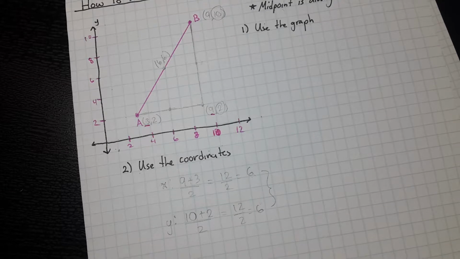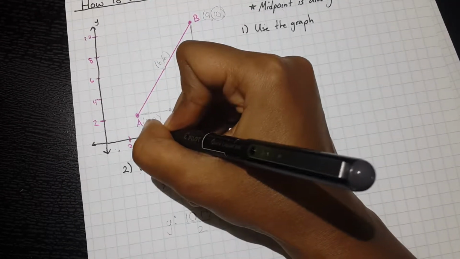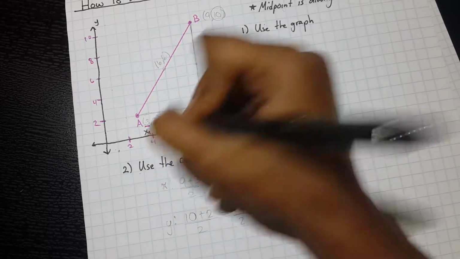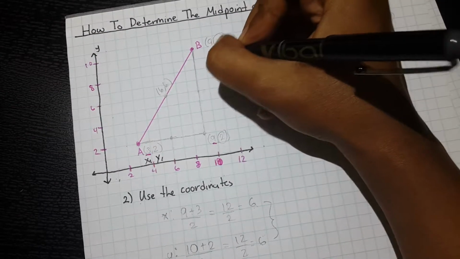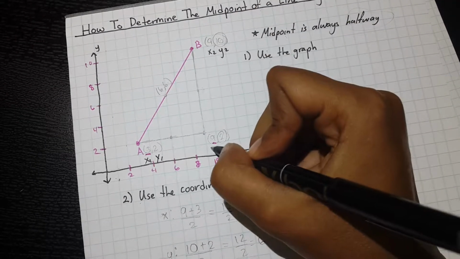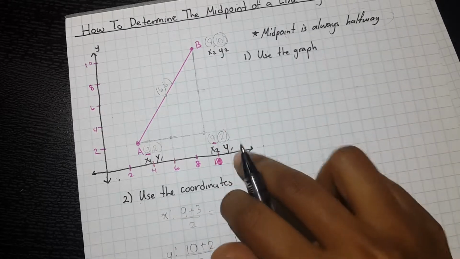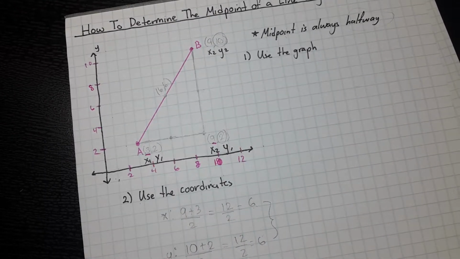Well, let's start labeling each of the coordinates. We have x1 here, y1 here, we have x2 here, y2 here, and then this again is going to be x2, and this is going to be y1, just like how it was set up in the distance formula problem.